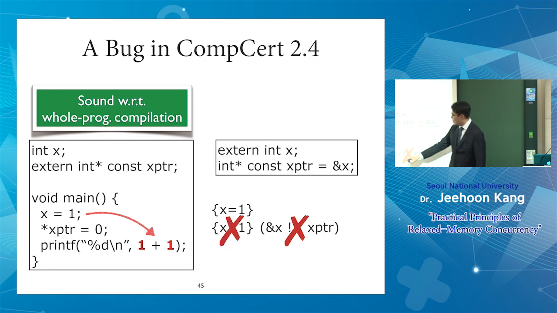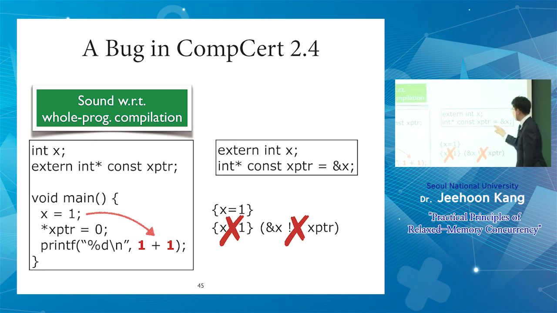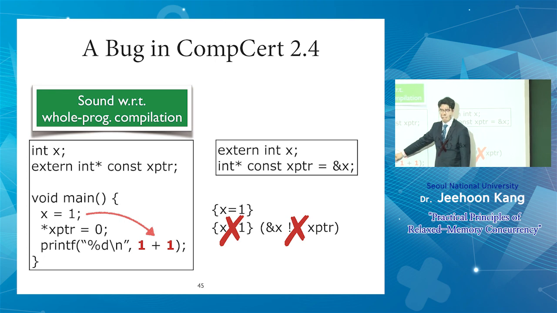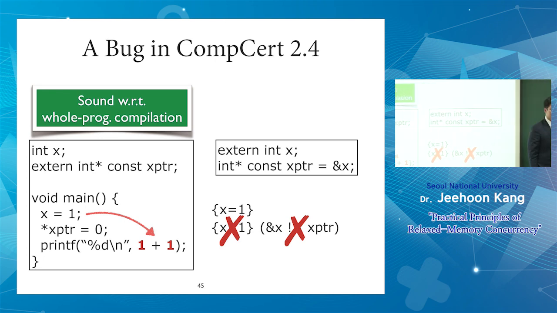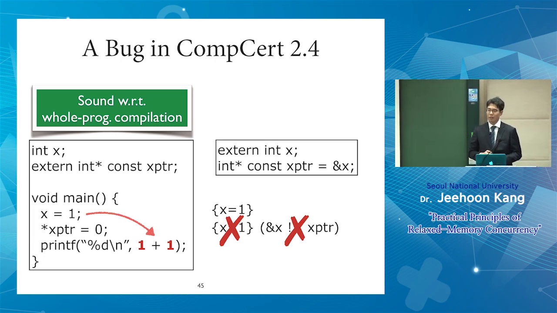As a result, this analysis result is also incorrect, because this xptr can point to x. So after this line, x can be 0. So the assumptions or observations from the whole program knowledge got lost, and the aggressive optimization based on those assumptions do not fly with separate compilation.